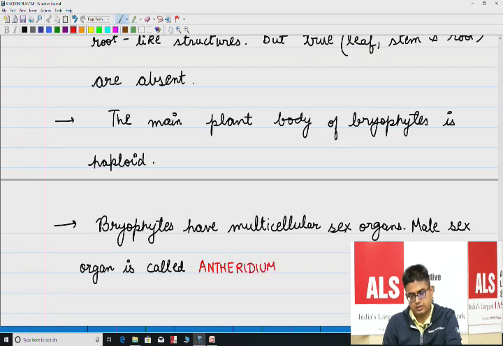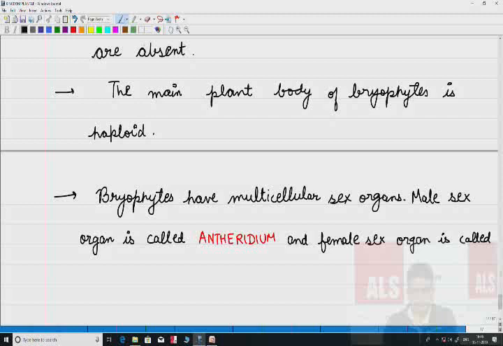And female sex organ is called archegonium.